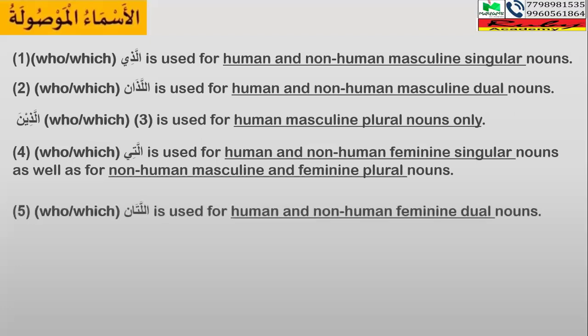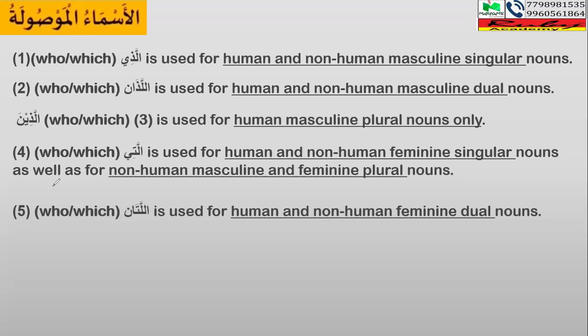Then the fifth one, allatani, is used for human and non-human feminine dual. Only this one we need to keep in mind. We have learned the rule about non-human plurals, so keep this sentence in mind: non-human plurals are treated as singular feminine in the Arabic language. So just as for all singular feminine nouns in the detached pronouns and in the demonstratives, hazihi and tilka, for the relative pronouns it is allati.